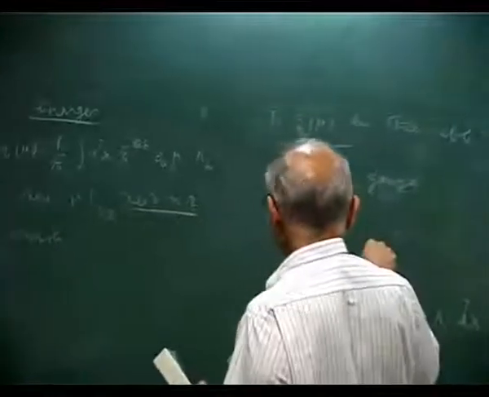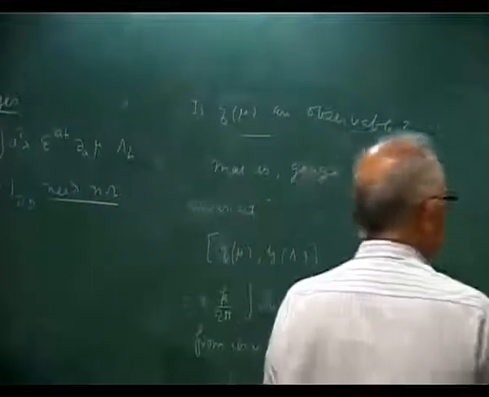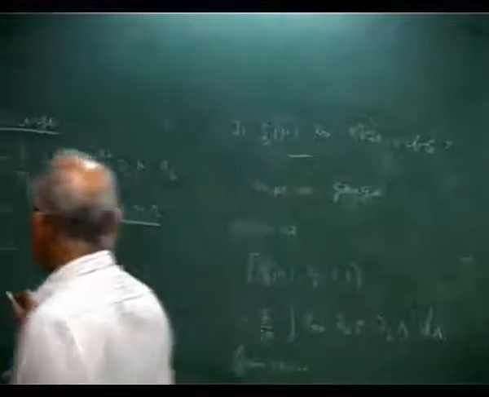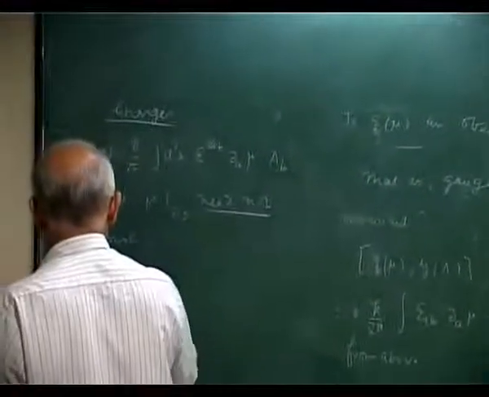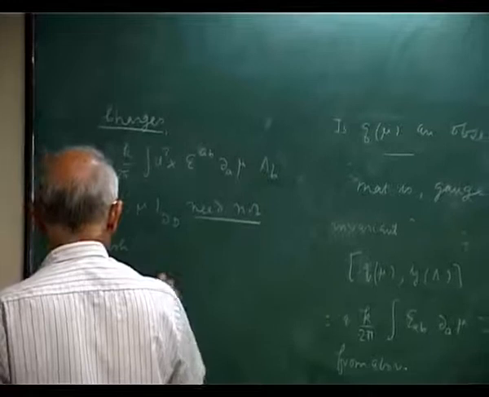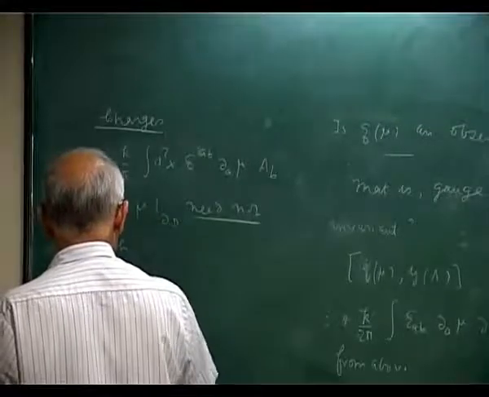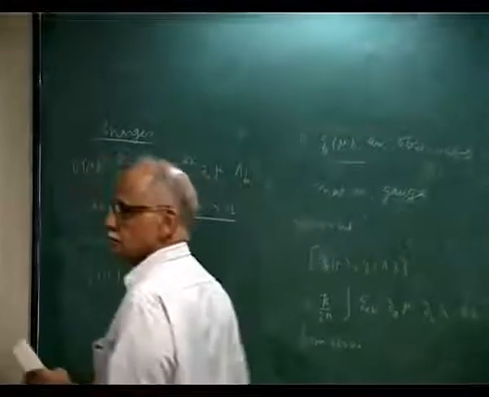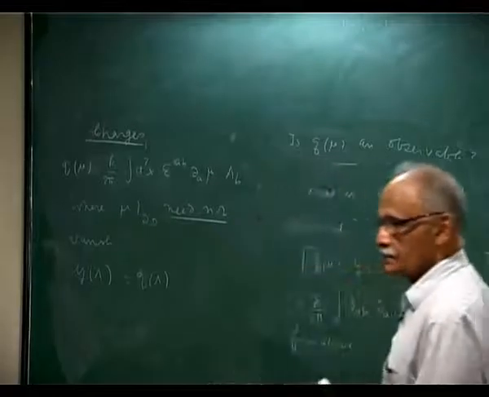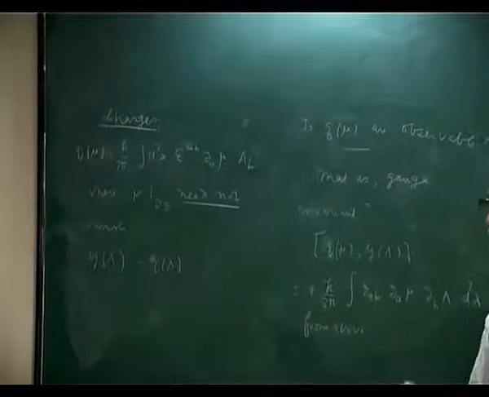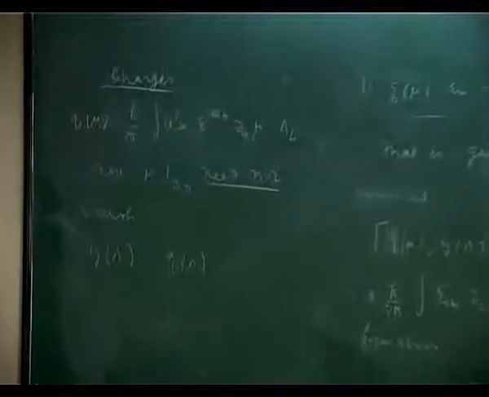So I am normalizing G of lambda as Q of lambda. The way I write it like this, there is a 2 k over 2 pi. This is purely convention.